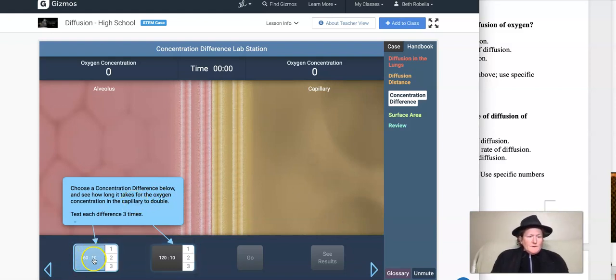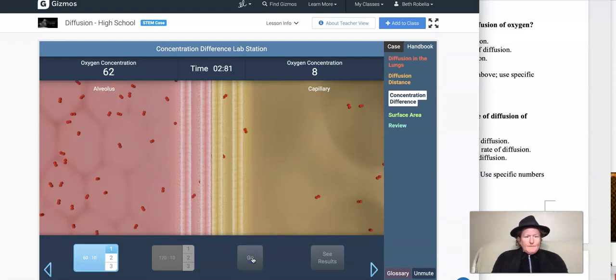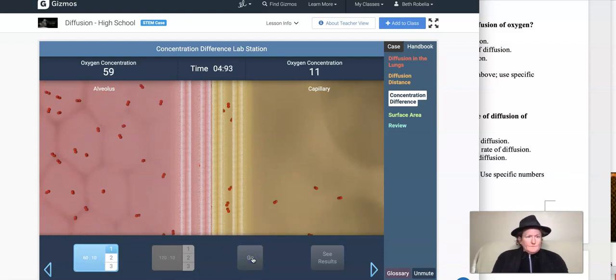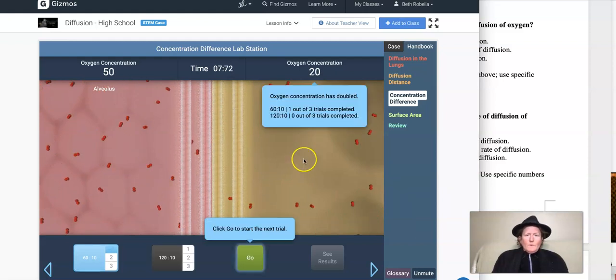So let's start with a concentration difference of 60 and 10, and let's see how that works. We're waiting until the oxygen concentration of the blood doubles. It took 7 minutes and 72 seconds here.